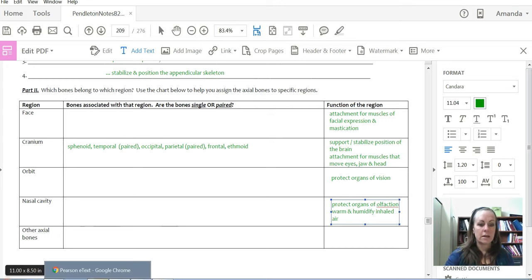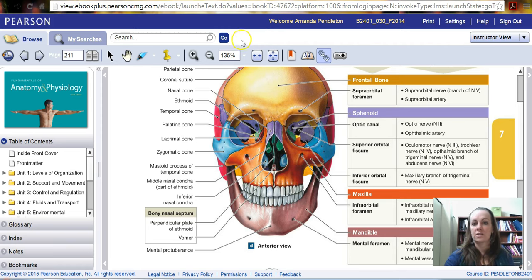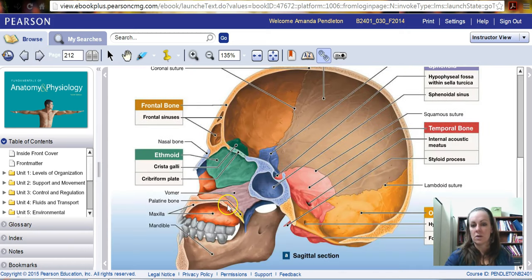And again, there's a couple of images that I would suggest for the nasal cavity. This image is good, and it's going to get you some of those bones, but actually this next page is really going to help you get all of the bones of the nasal cavity. So the nasal cavity is all of this, all back here.